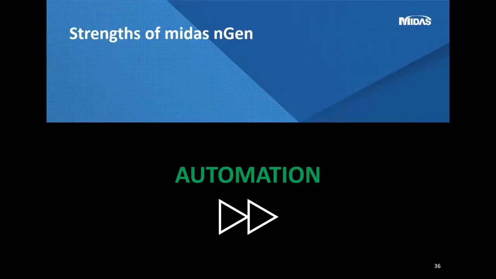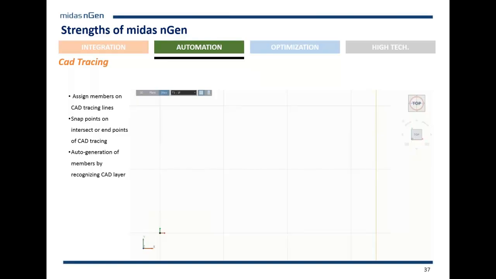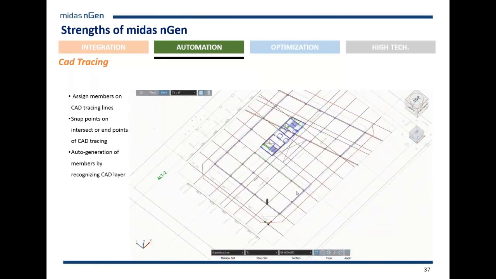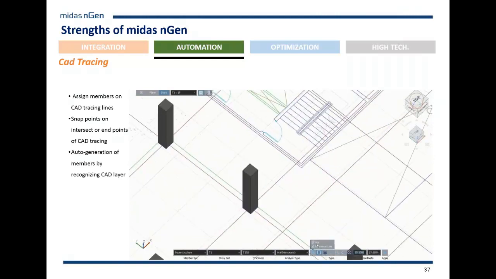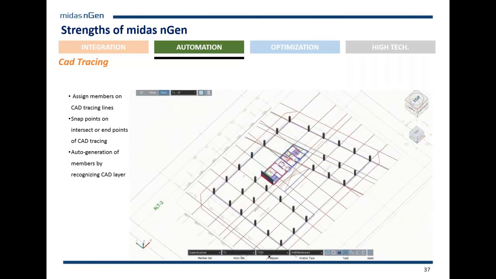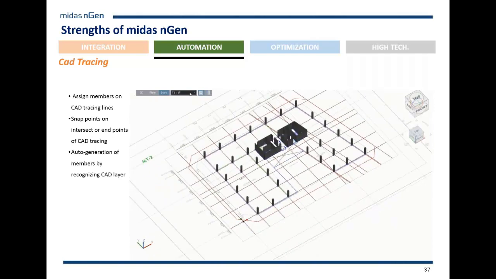When it comes to automation, MIDAS nGen has strengths, like we saw. By simply selecting the layers, the columns were automatically generated with different sizes, defined by the program, and similarly it can be done for walls.